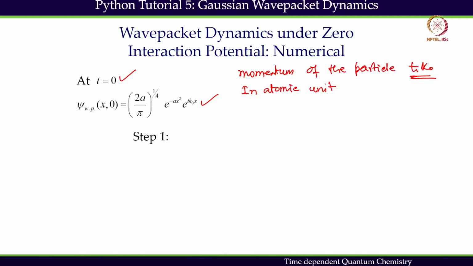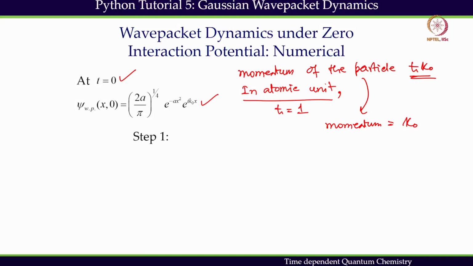Under the atomic unit, h cut is considered to be one atomic unit, and in that case, momentum we get as k naught. So when I say momentum equals k naught, in atomic unit it is k naught.